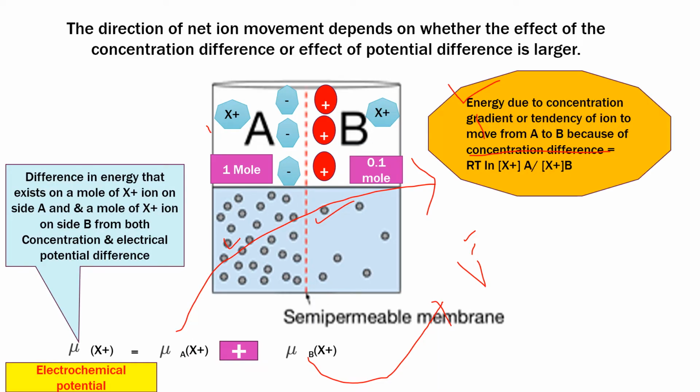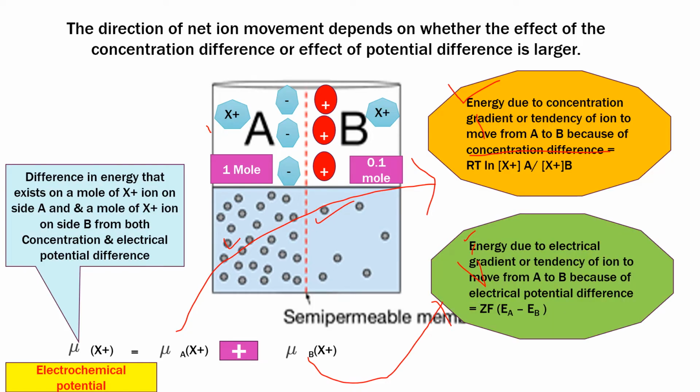On side B, on X plus, we have both the effect of concentration and electrical potential difference. The difference between these two will define this electrochemical potential, which is equal to mu A X plus, the energy due to the concentration gradient, plus mu B X plus, the energy due to the electrical potential difference.